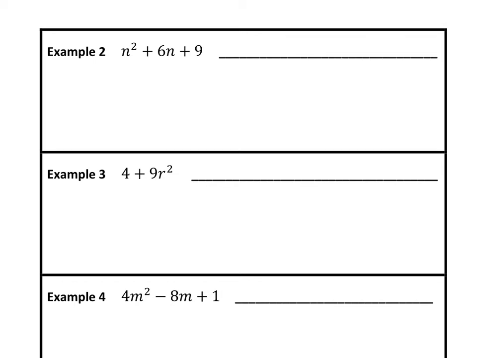All right. So example 2 has 3 terms, so it's not a difference of squares. We have to check, is it a perfect square trinomial? Remember, tri means 3. For the perfect square trinomial, we have to check, can I square root the first term?